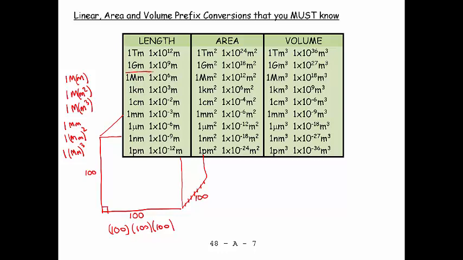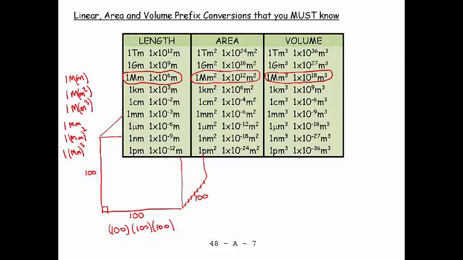So 1 megameter is 1 times 10 to the 6 meters. 1 megameter squared is not 1 times 10 to the 6. It's 1 times 10 to the 12 because I have 10 to the 6 in one direction and 10 to the 6 in the other direction. And 1 megameter cubed is not 10 to the 6 meters cubed. It's 1 times 10 to the 6, 1 times 10 to the 6, 1 times 10 to the 6, it's 1 times 10 to the 18 meters cubed.